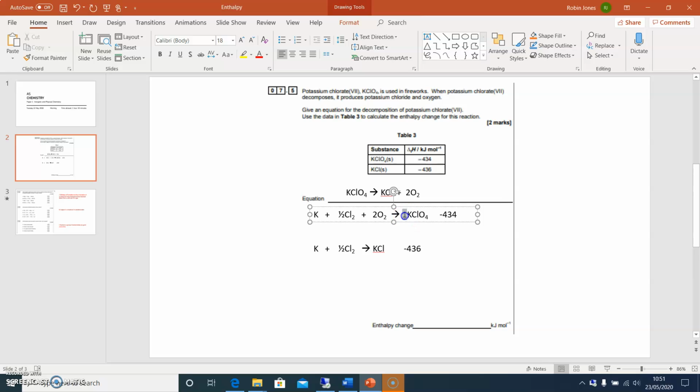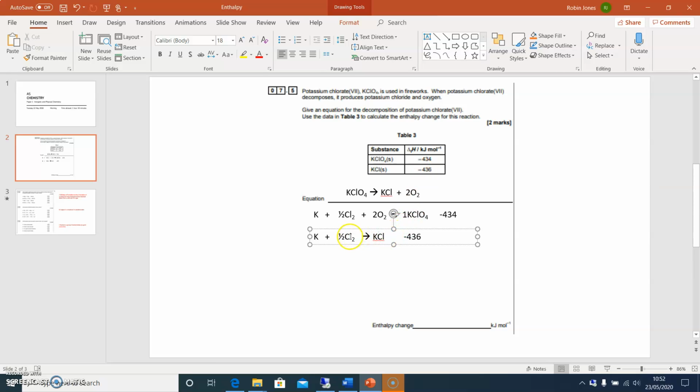I'm making 1 mole of this from the elements in their standard states, how you'd find them in the laboratory. 1K, 1K, half Cl2 to match with the 1Cl on the right hand side, 4 O's, 2 O2, and that's -434.